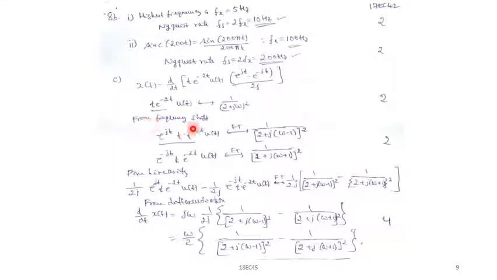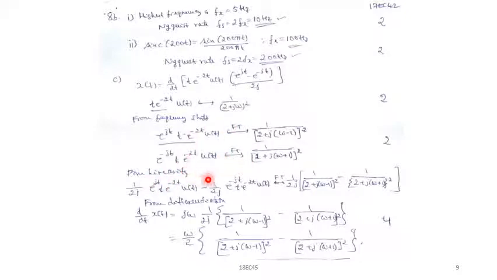Now from the frequency shift property, you can write e to the power jt into t into e to the power minus 2t into u of t is given by 1 by (2 plus j omega minus 1) whole square. Similarly, this can be written as 1 by (2 plus j omega plus 1) whole square. So I am using the frequency shift property here.